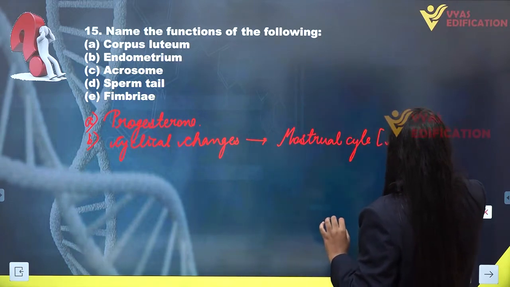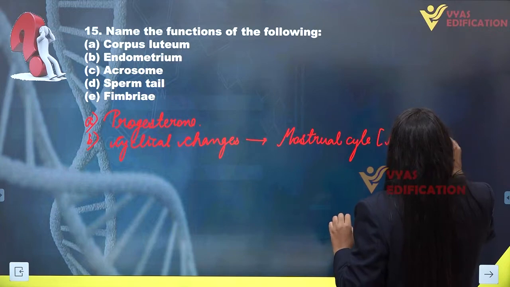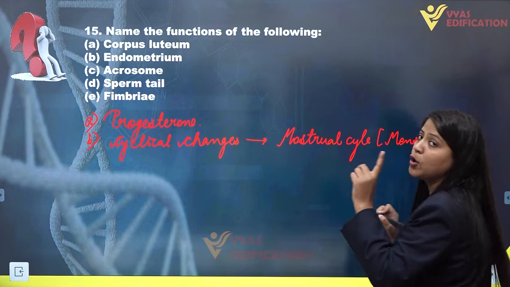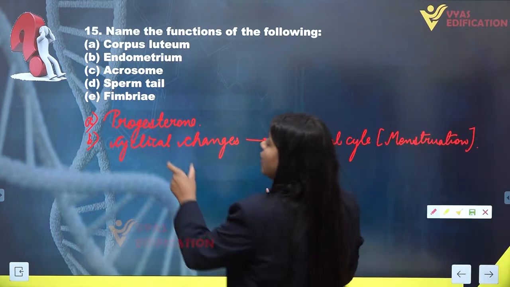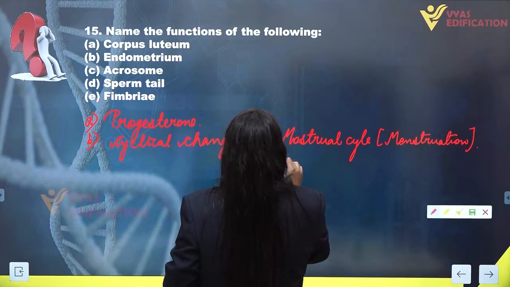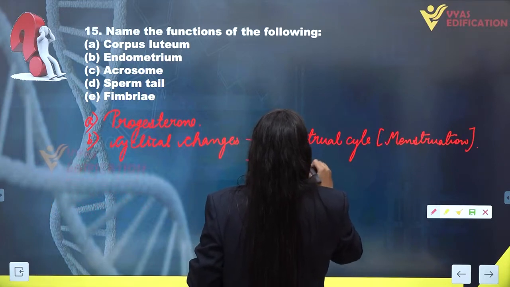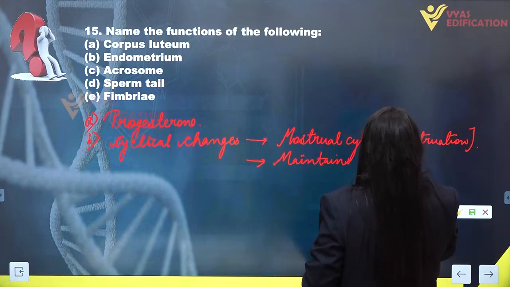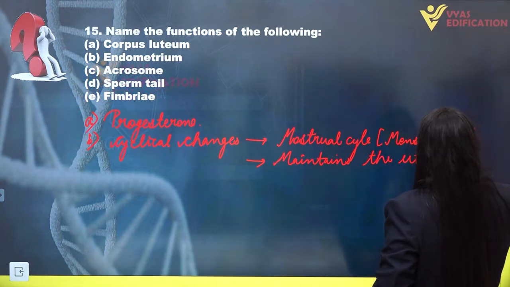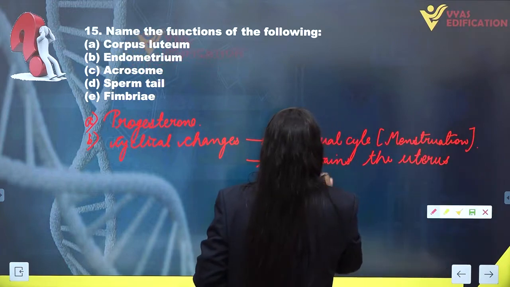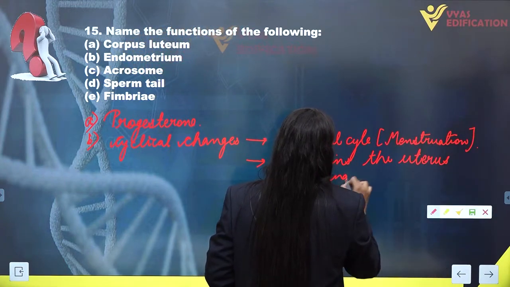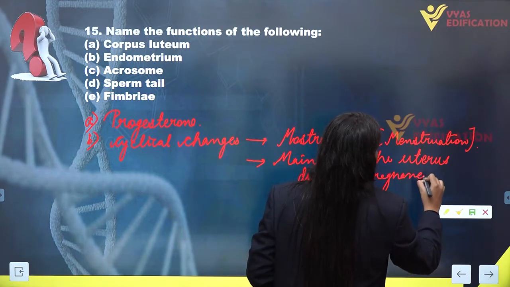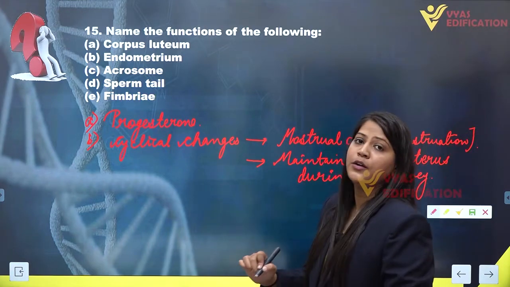Menstruation occurs by this endometrium only, and this endometrium also maintains the uterus during pregnancy. So this is the function of the endometrium lining of the uterus.